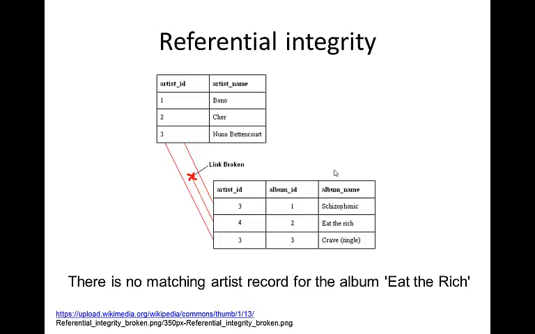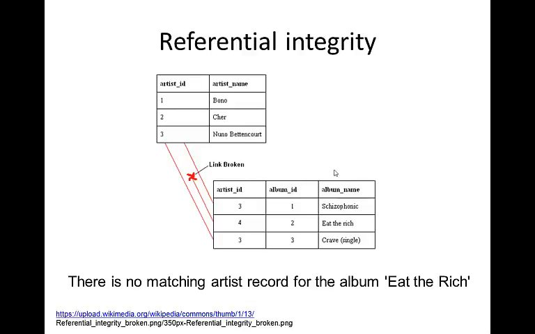Here's our table. We've got an album called Eat the Rich. I didn't draw this table, by the way, it's just grabbed off the internet. And if we look, this has an artist number 4, but there is no artist number 4 record in the artist table. That is the broken link. What defining foreign keys does is say you cannot enter this record into this table unless the foreign key value matches a record in the artist table, or it's got a null value.